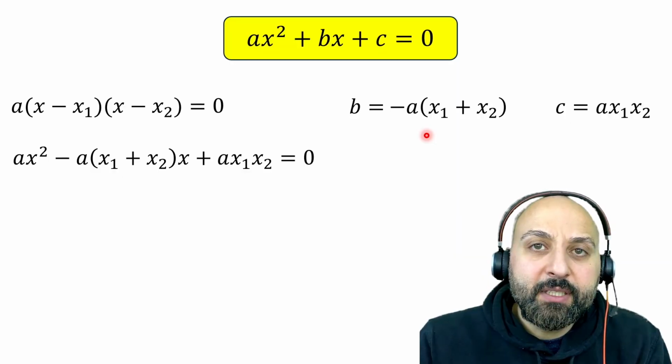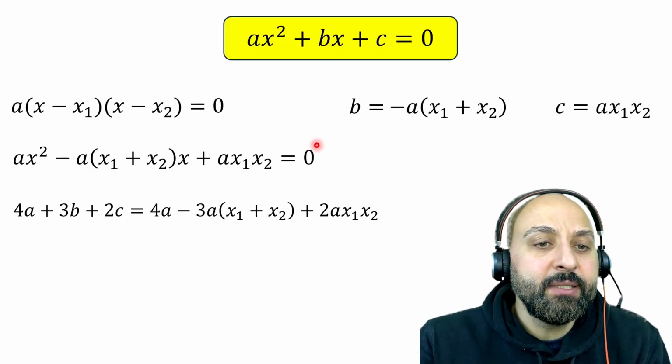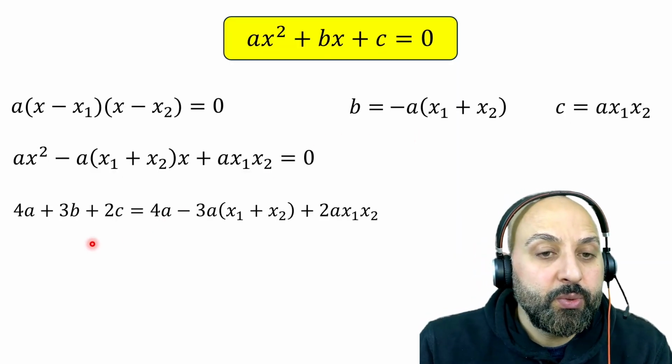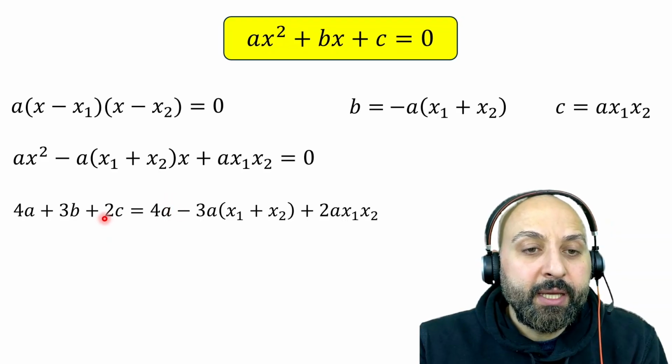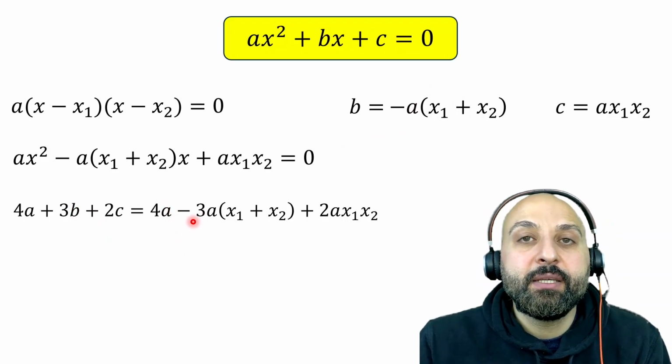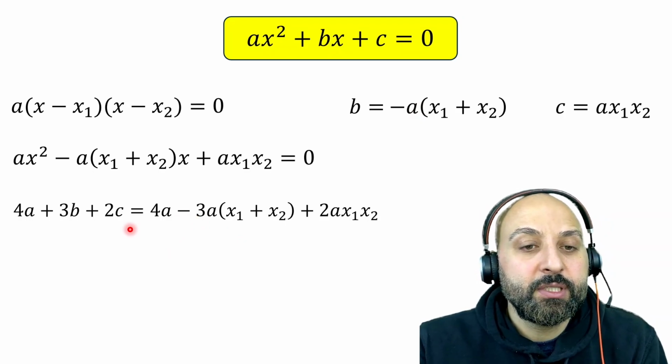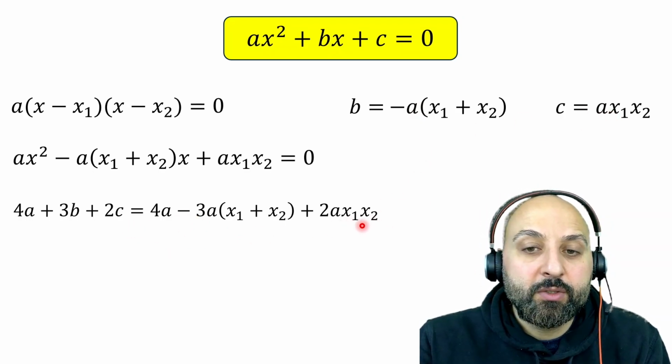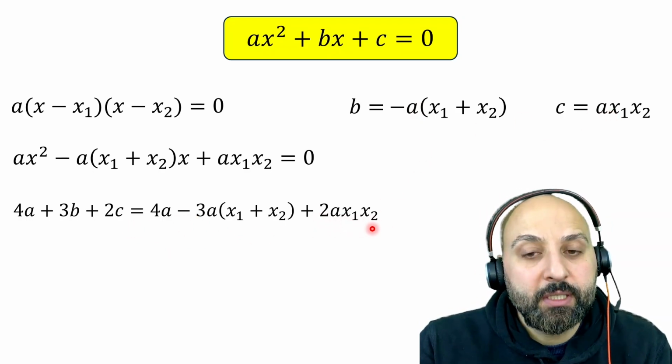All right, so now we have this understanding. We can actually calculate the term 4a plus 3b plus 2c. This will be 4a, and for 3b, we can write its equivalent, minus 3a times (x1 plus x2). And for c, we can write a x1 x2, so it will be 2a x1 x2.